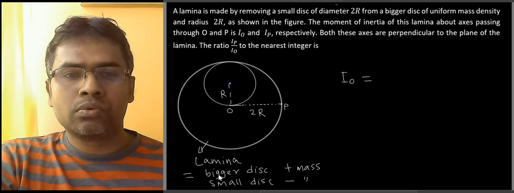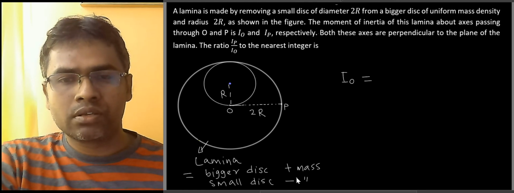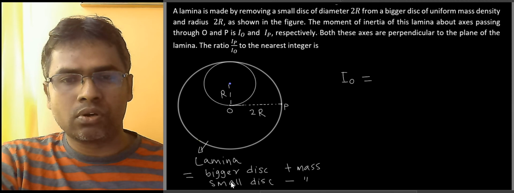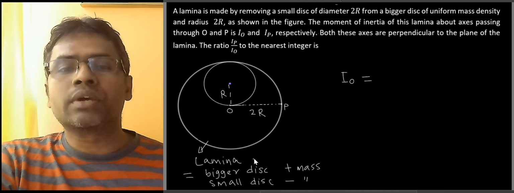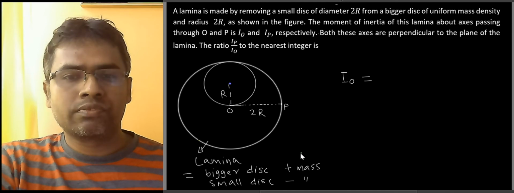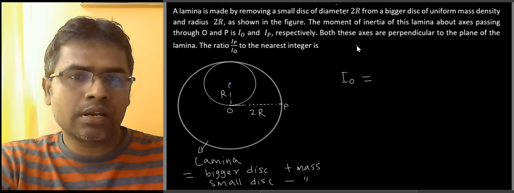Now they both contribute to the moment of inertia. Wherever we are using the mass of the small disk, make sure that you use the negative sign. So now let us proceed. For review purposes, I will mention the parallel axis theorem here.